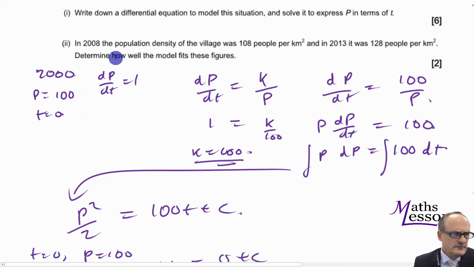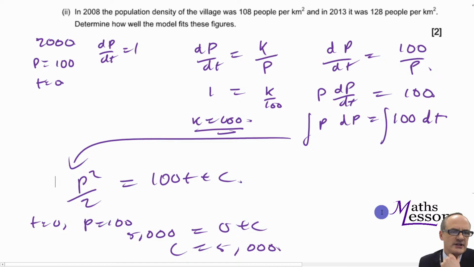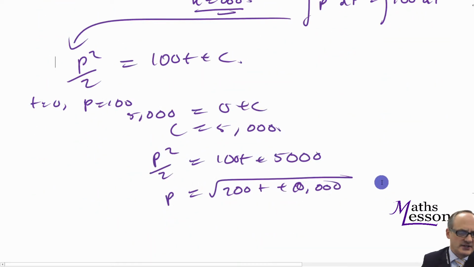Now, part 2. In 2008, the density of the village is 108 people per square kilometre, and in 2013, it was 128 people per square kilometre. Let's look at 2008 because it wants to see if our model is any good. So t will equal 8.